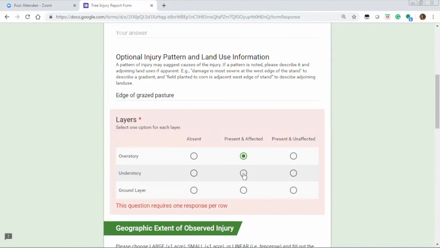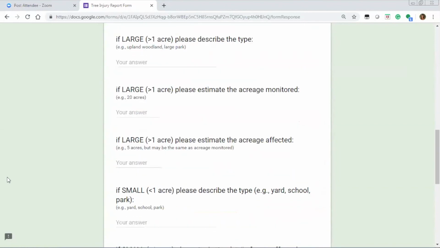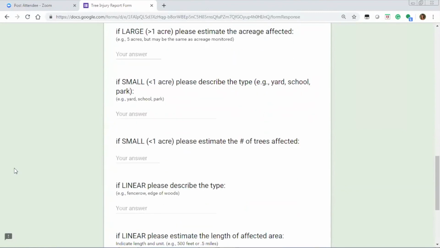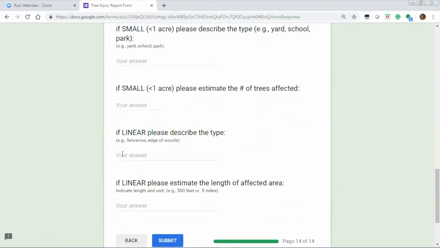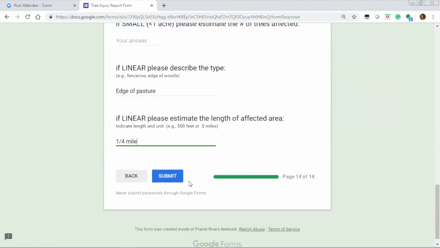The understory was also present and affected, so we're going to click that. And then since this was a grazed pasture, the ground layer was absent. The shape of our monitoring site was linear, and we're just going to make a note of that, edge of pasture. And then we're going to estimate the length here at 1/4 mile. And we're done. We're going to click Submit.